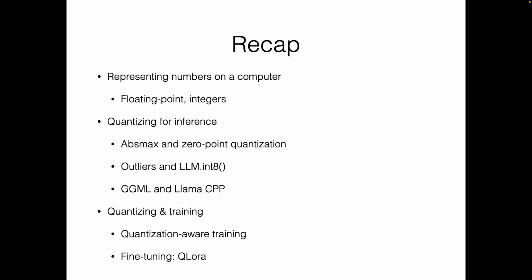Finally, we quickly went over some topics related to training. So training a model so that it's ready to be used, quantized at inference time, and using quantization to make fine-tuning more feasible or efficient.